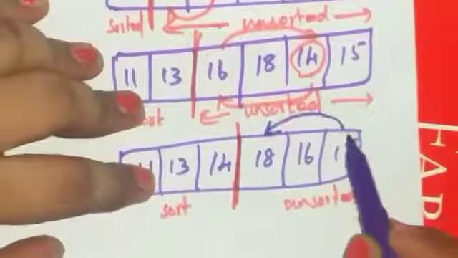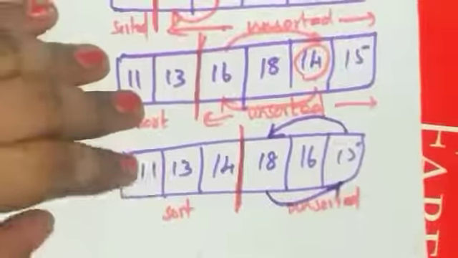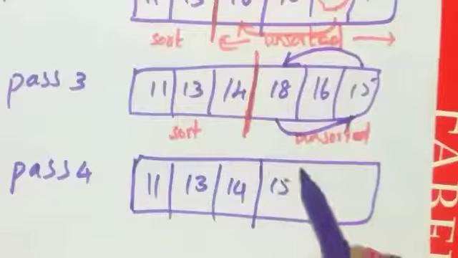Bring this 15 here and this 18 here. This is pass 4: 11, 13, 14, 15 here, and 16, 18. Now these elements are sorted.